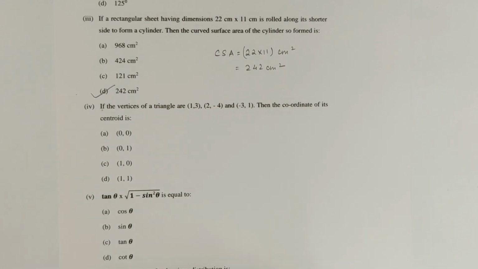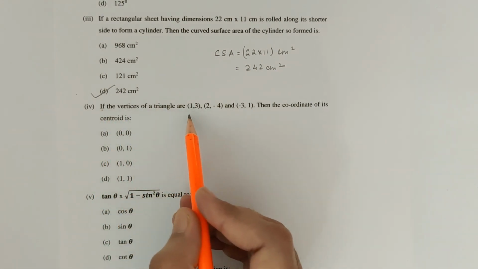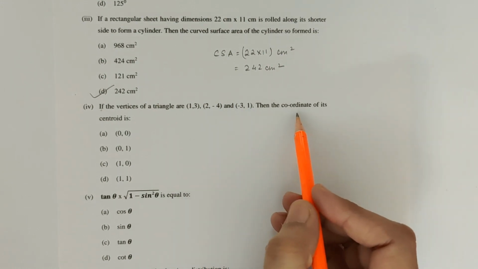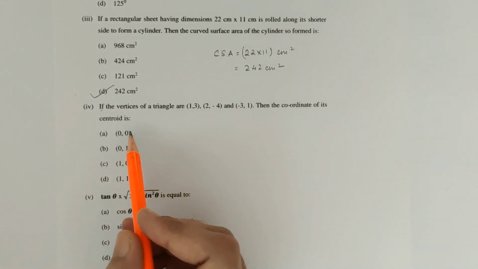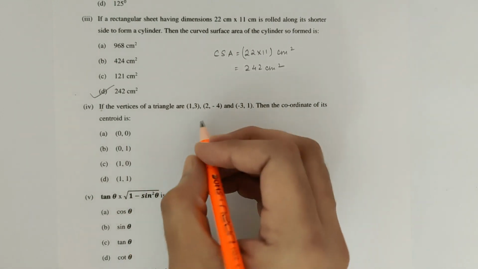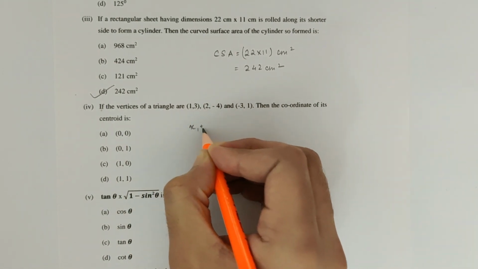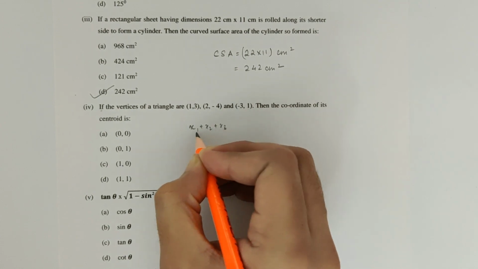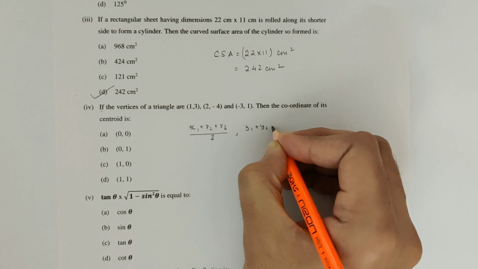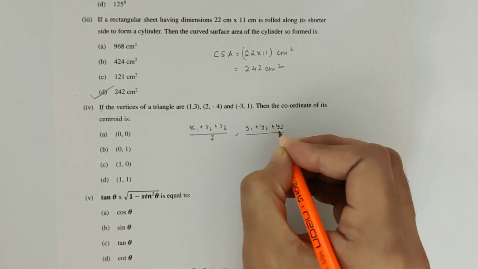Part 4. If the vertices of a triangle are (1, 3), (2, -4) and (-3, 1), then the coordinate of its centroid is. Guys, I hope you all know the formula of centroid, which is (x1 + x2 + x3)/3 and (y1 + y2 + y3)/3.